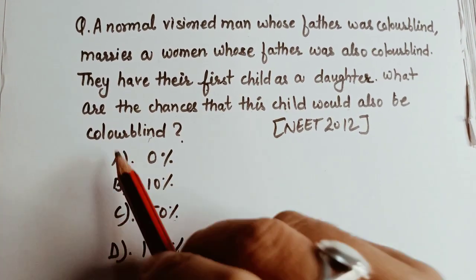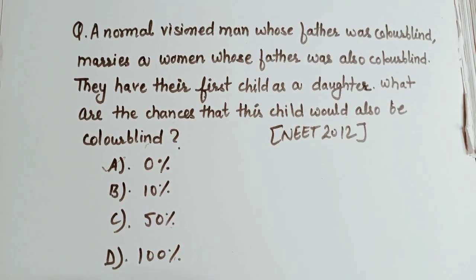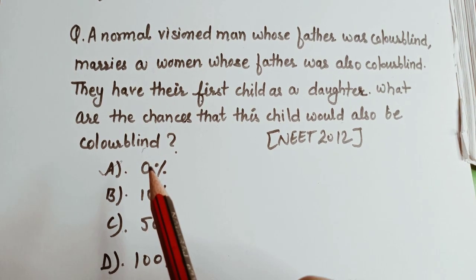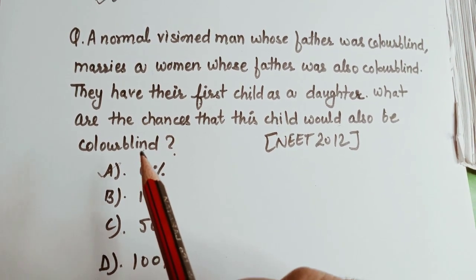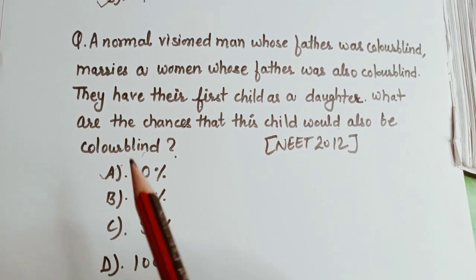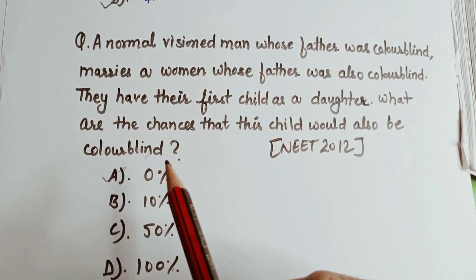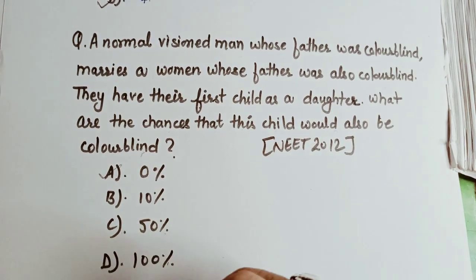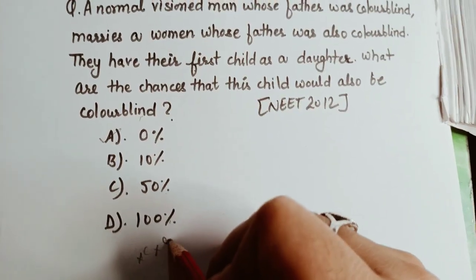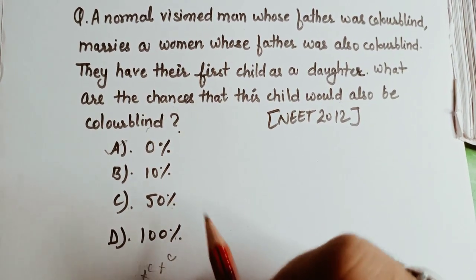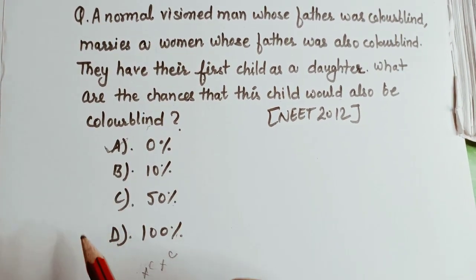So correct answer is A, 0. Color blindness is an X-linked disease. So woman whose father was colorblind will be carrier for the disease. So possibility of a colorblind daughter, that is XcXc in F1 generation is 0. So correct answer is A, 0.